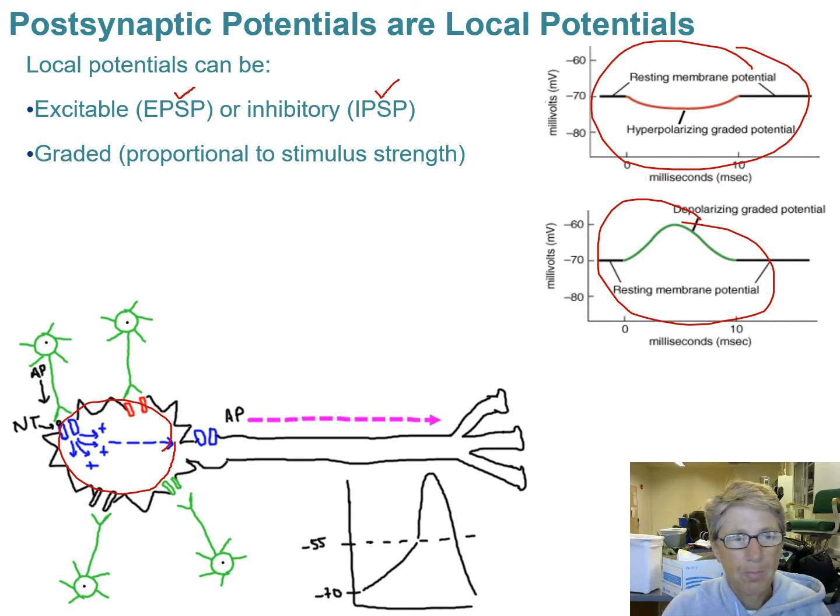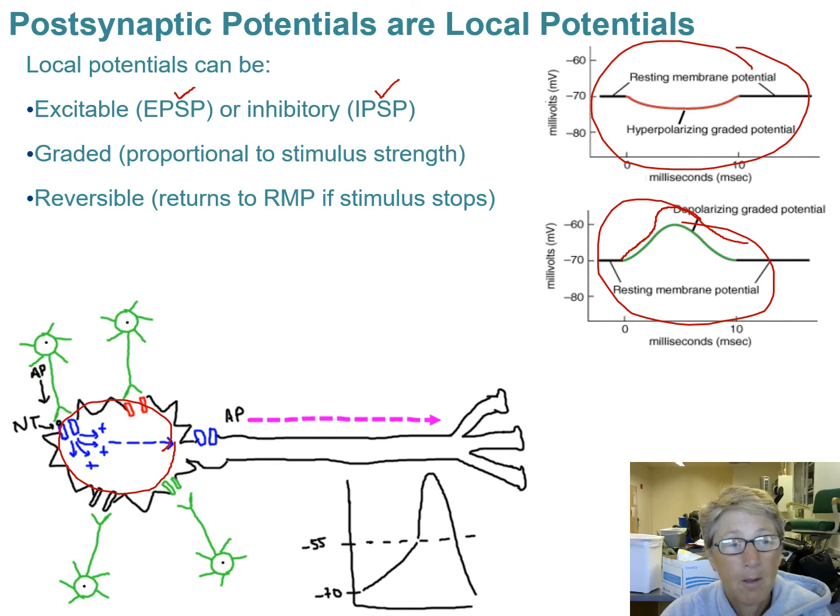So if you have 50 neurons releasing their neurotransmitter onto the postsynaptic cell, then a whole bunch of positive charges are going to come in, and this graph might go up to, I don't know, maybe minus 50.